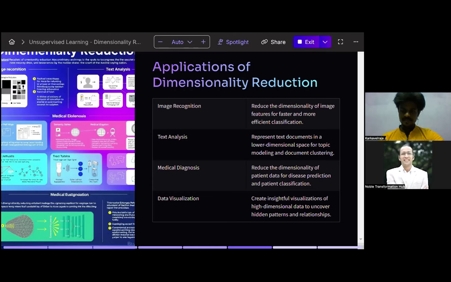We can use it for medical diagnosis, reducing the dimension of patient data for disease prediction and patient classification. For data visualization, we can use dimensionality reduction for creating insightful visualizations of high dimension data to uncover hidden patterns and relationships. So highlighting the important aspects of the data so that we can make decisions.